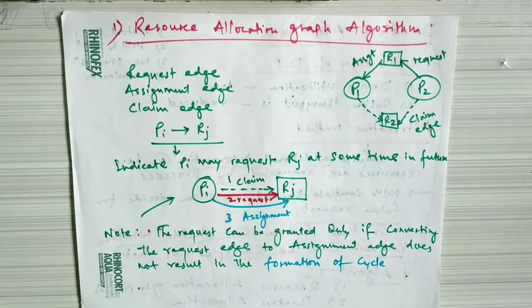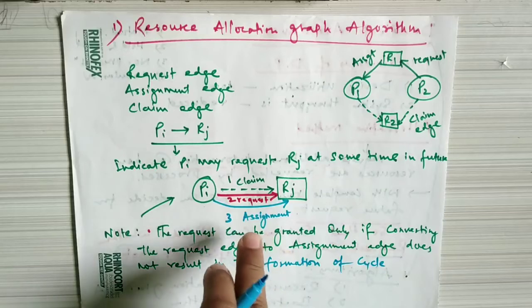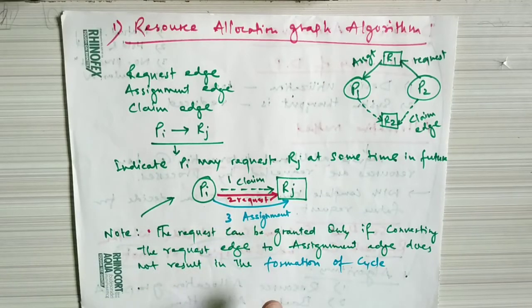So whenever the request edge is being converted into the assignment edge, we have to make sure that there is no formation of a cycle. If a cycle is formed, then deadlock will occur.